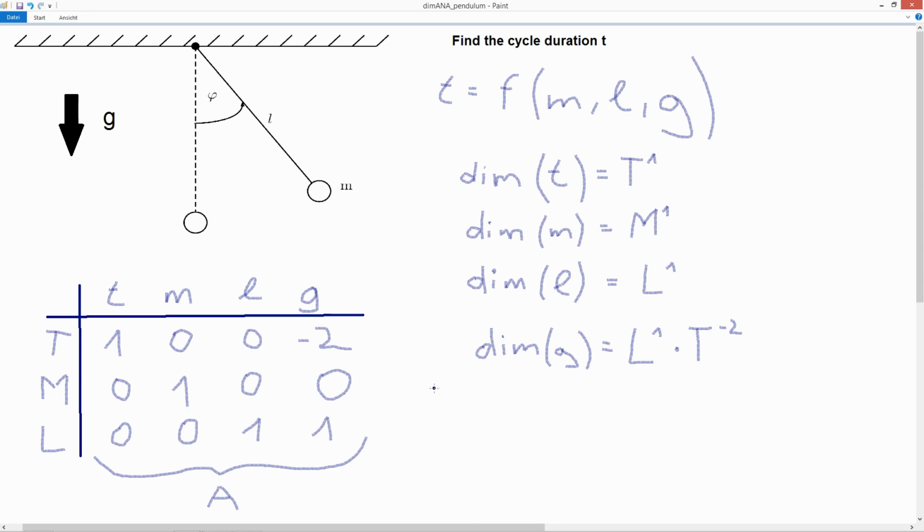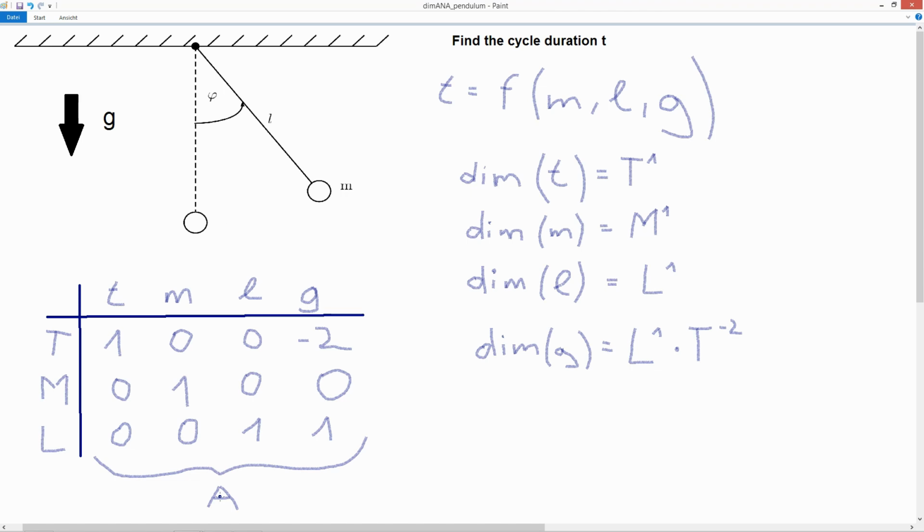Next, you have to pick 3 linear independent columns of the matrix A, because the matrix A is of rank 3. It doesn't matter which ones you pick. You have the freedom of choice, as long as the columns are linear independent. Also note that your choice will affect the pi factors you get, so it could happen that different choices lead to different results.